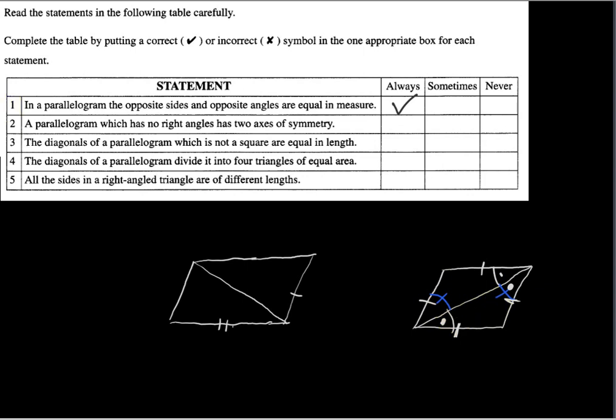So the white angle equals the blue angle. So actually we have 4 equal angles here. These two angles are the same because they're in an isosceles triangle. This angle equals this angle because they're alternate angles. And this angle equals this angle because we have another pair of alternate angles. Or we could say that this one equals this one because these are two angles in an isosceles triangle.